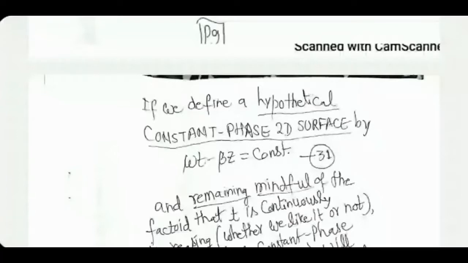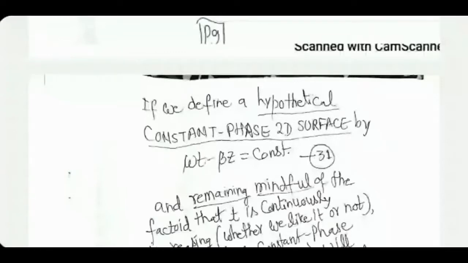It's a 2D surface in z and t plane. It's an imaginary plane because one of the dimensions is physical dimension, the other one is time. In fact, if you remember the equation of a plane in xy coordinates, omega t minus beta z can easily fit that.